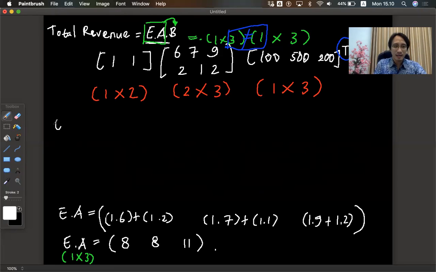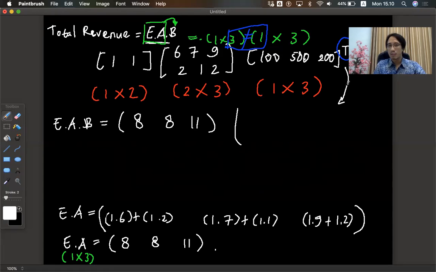So E times A times B equals this one, 8, 8, 11 times B. So you have to change the B from 1 times 3 to 3 times 1. Row becomes column, 100, 500, and 200. This one is B.